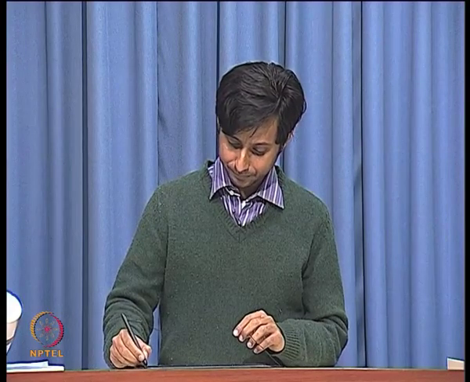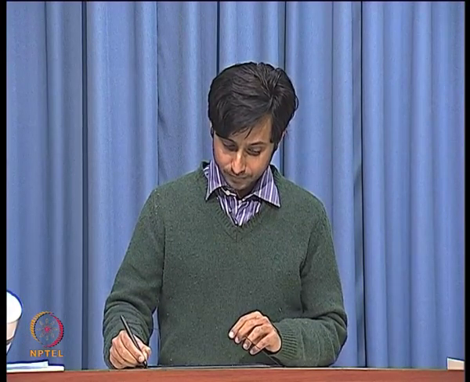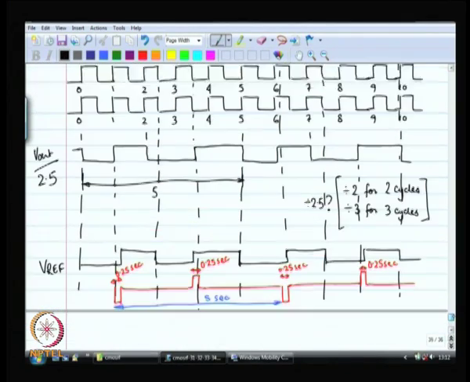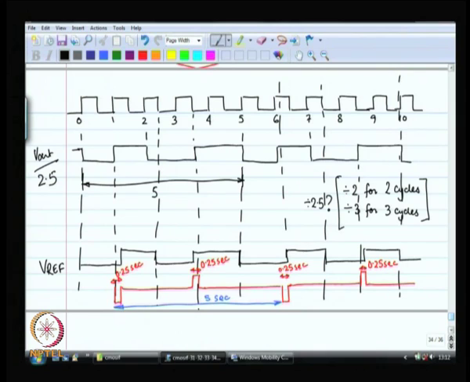So, the understanding is, first let us try to understand how we did this magical division by 2.5. How did we do the division by 2.5? We took two periods, 2 cycles, during which I divided by 2, and I took the next 3 cycles and divided by 3.